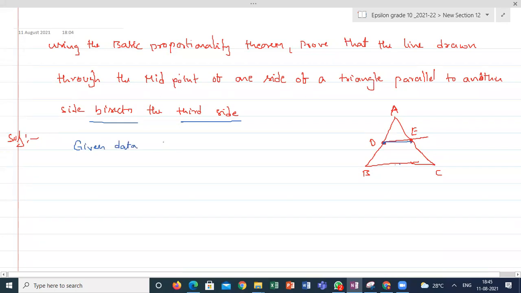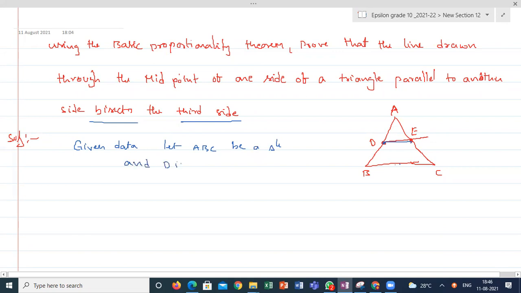One is, let ABC be a triangle, and D is the midpoint of side AB. So first side midpoint I have taken.